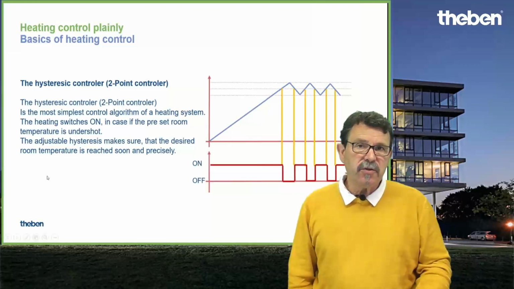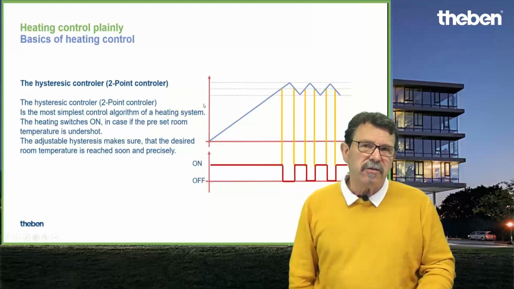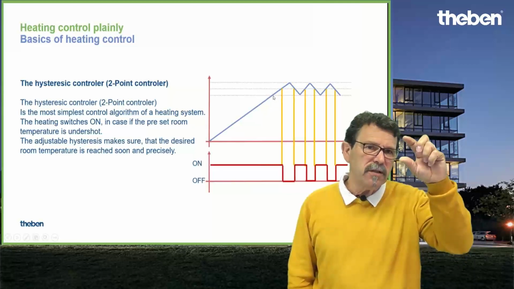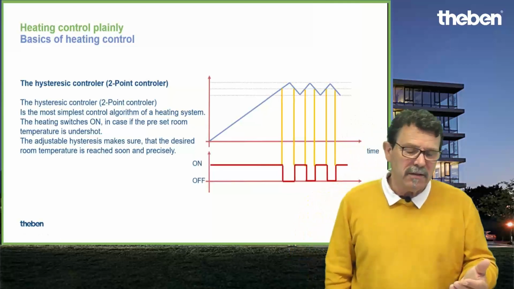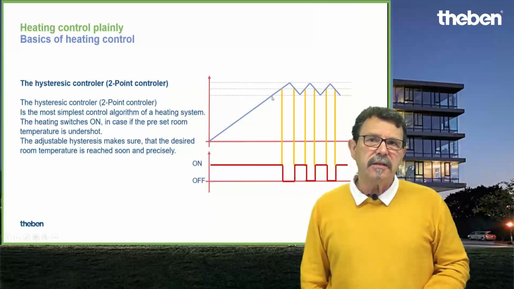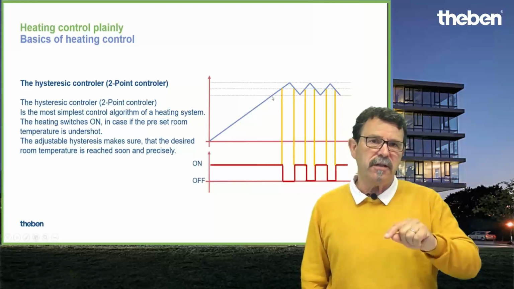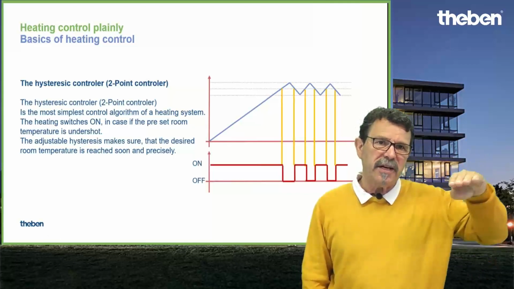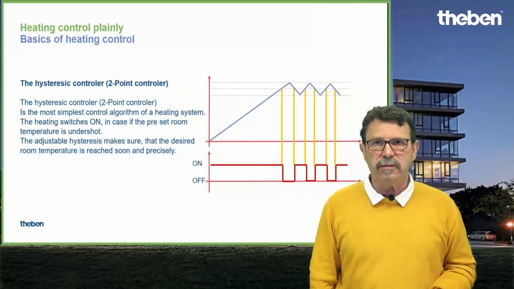For the hysteresis control, you have to imagine this is your desired temperature, and the hysteresis control has a certain hysteresis, let's name it a tolerance, a tolerance below and a tolerance above. The bigger the hysteresis is, the more inaccurate the heating is, because it's always cycling around your desired temperature.